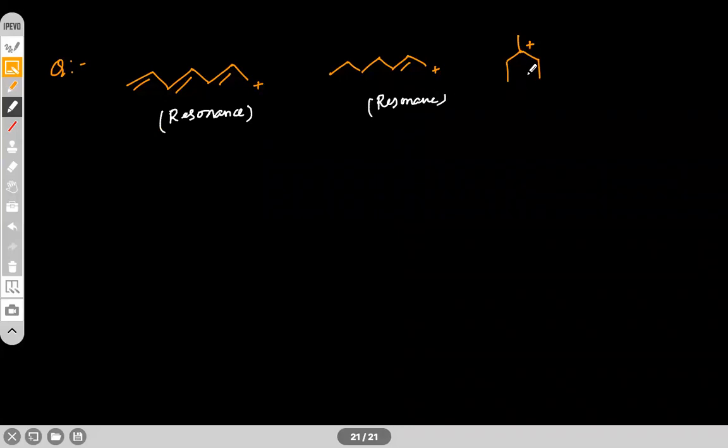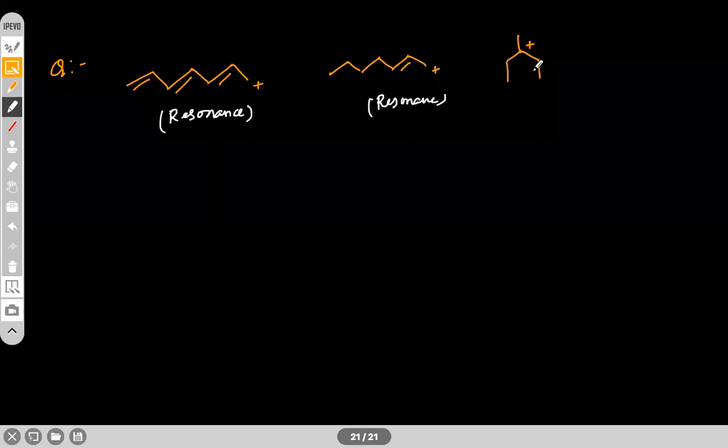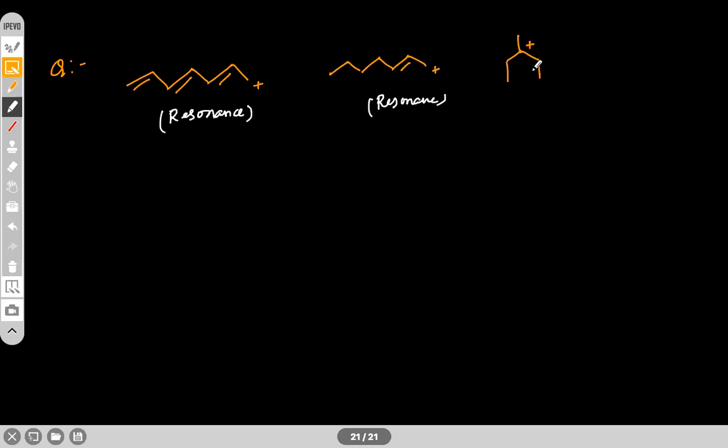And here what we have? I effect or what? Hyperconjugation, plus H. I effect is also there, but hyperconjugation is dominating.